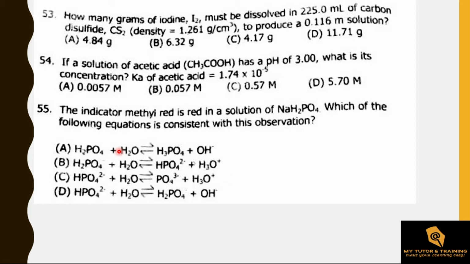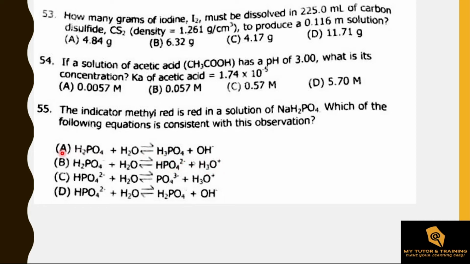In acidic solution, if a solution is more acidic, the color of methyl red remains what? Red. So from these four alternatives, choice B, H2PO4 minus plus H2O, forward and reverse, HPO4 2 minus plus H3O plus, is observed.